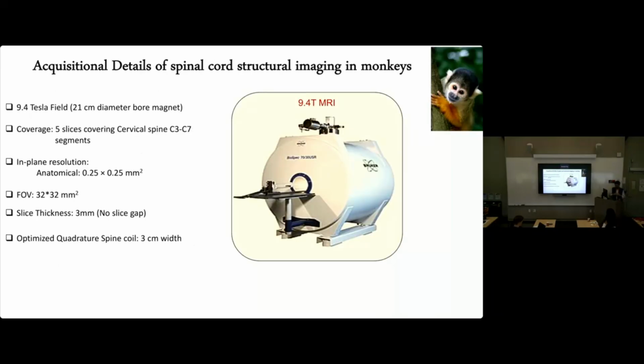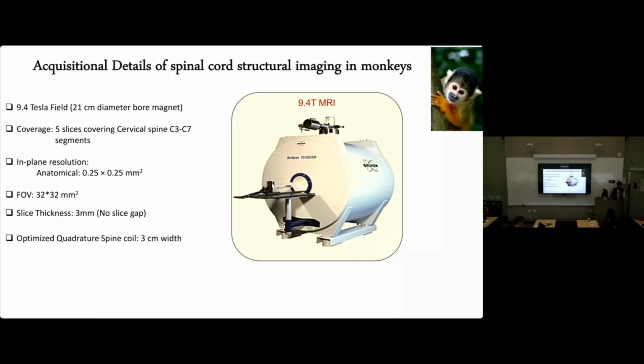So let's first start with the acquisition for the structural imaging that we use in squirrel monkeys. We use a very high magnetic field of 9.4 Tesla with a 21 centimeter bore magnet. We primarily focus on the cervical segments between C3 and C7. I will come back to how we locate them later on.